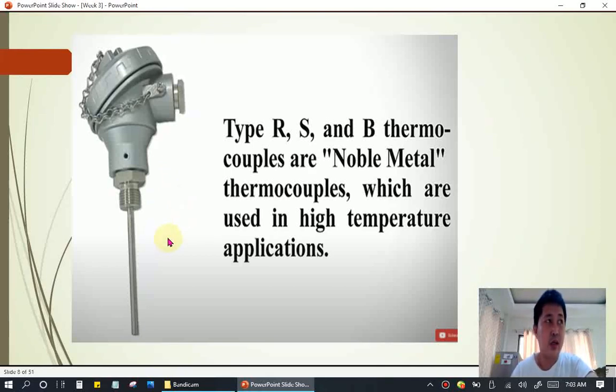We use also this one in the seawater system. We use also in the low temperature freshwater system and high temperature freshwater system of our main engine and auxiliary engine. So those are the examples of the application of this type of thermocouples.